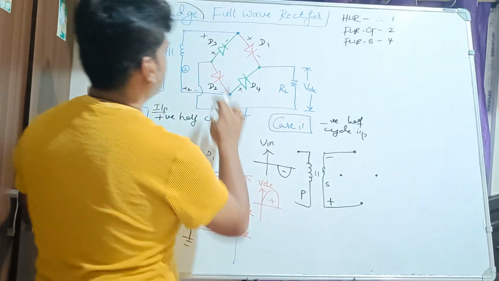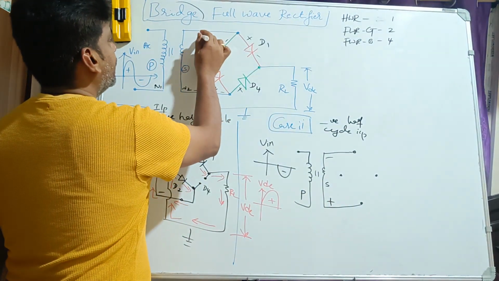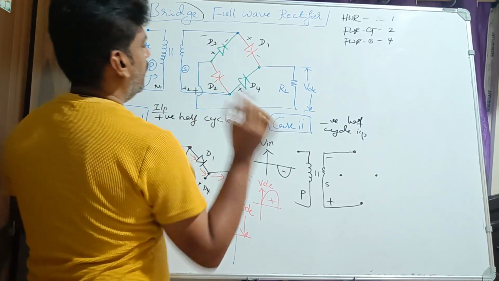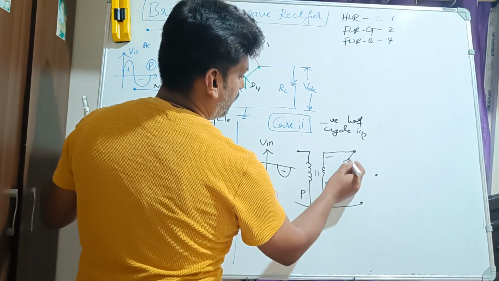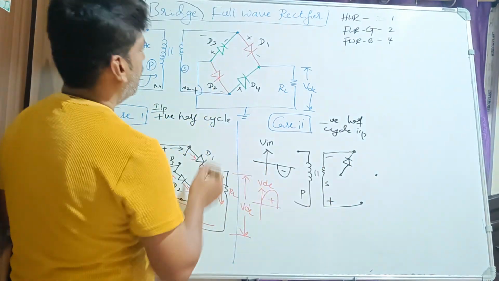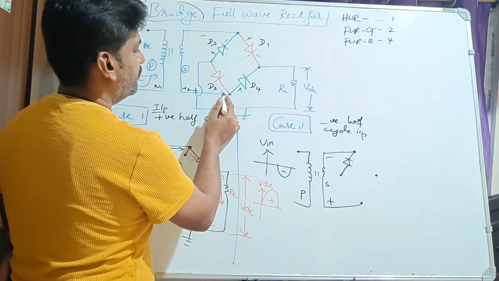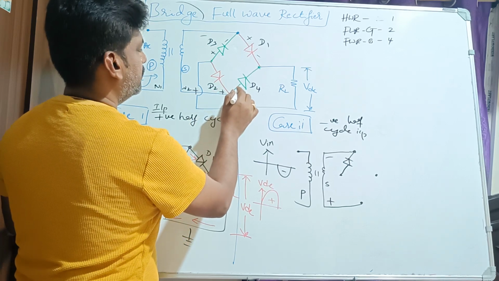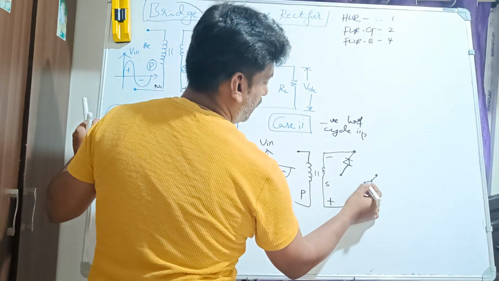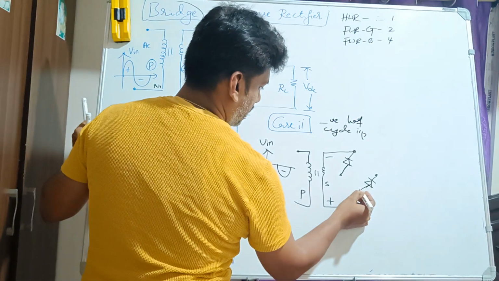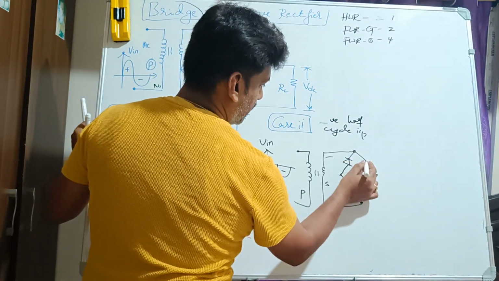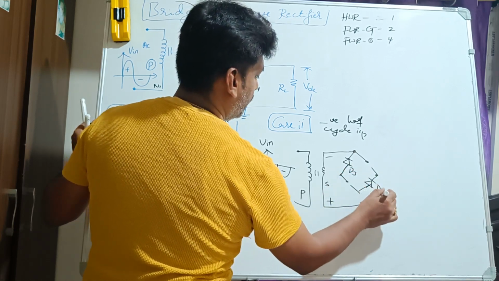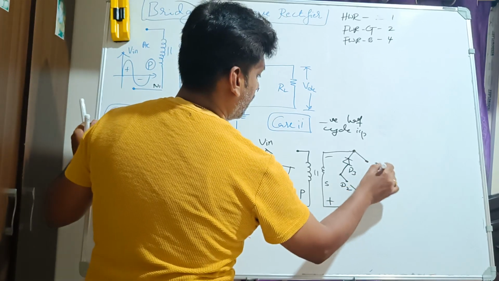Plus and plus, so it is a short circuit, forward biased. The other two are reverse biased. Which diodes? Diode D3 as well as diode D4 conduct, while D2 and D1 are off, right?